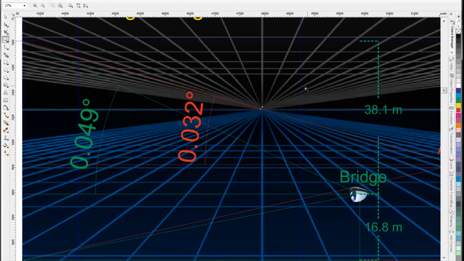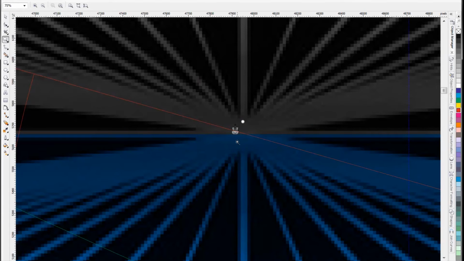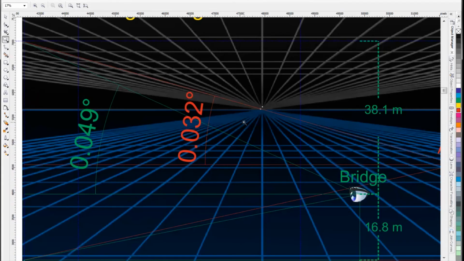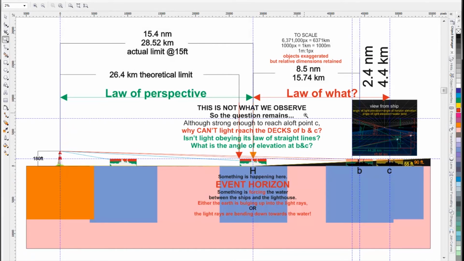It would look something like this. We would see a ship standing at the horizon and a light from a light source passing above the ship at the horizon. But this is not what we see, what we observe.